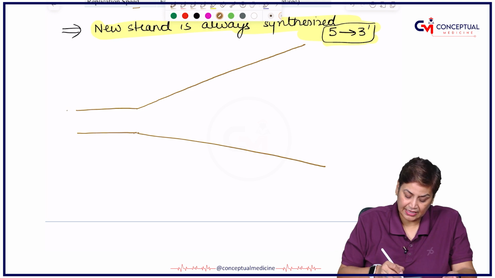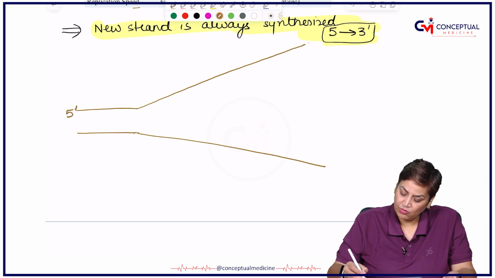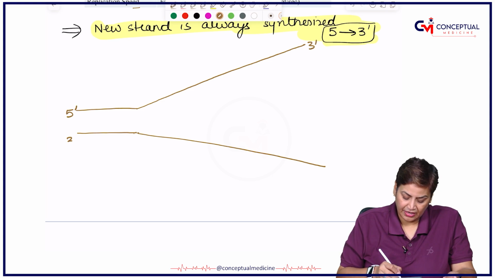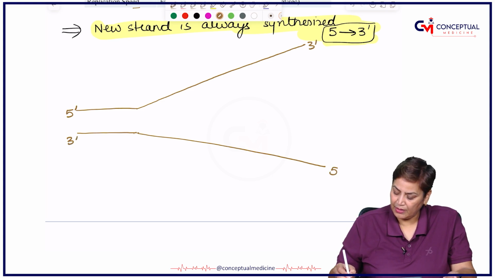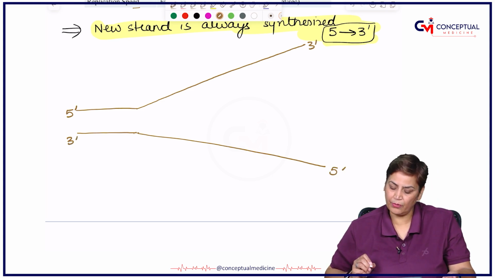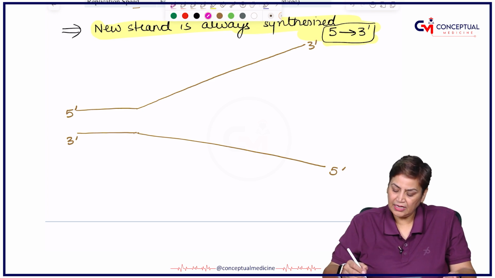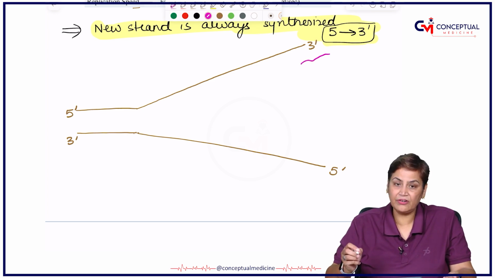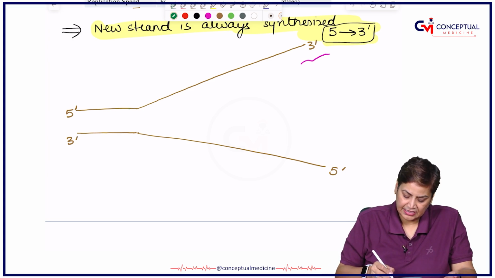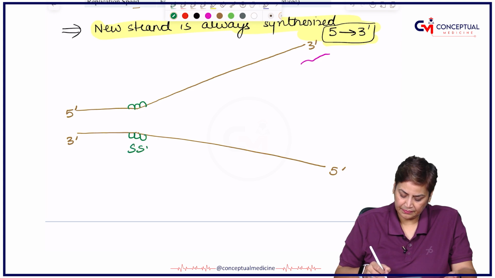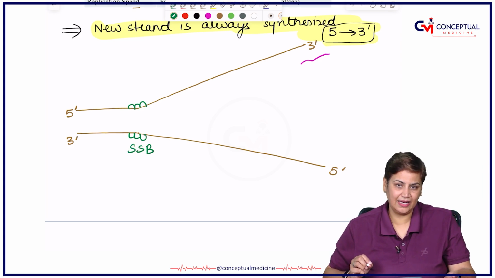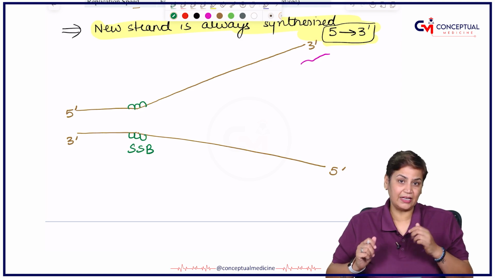That means if one is running in the direction 5' to 3', the other will run in the direction 3' to 5'. Okay. Then RNA primer is already generated, right? And here single strand binding proteins are there just to stabilize the helix so that it cannot reunite again.